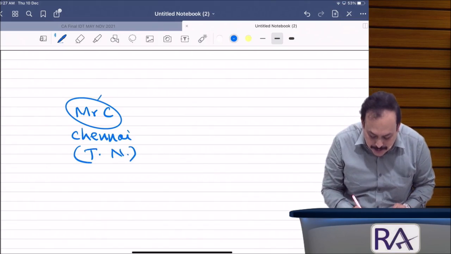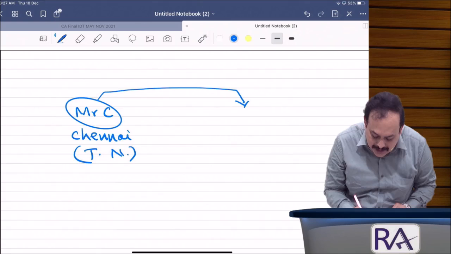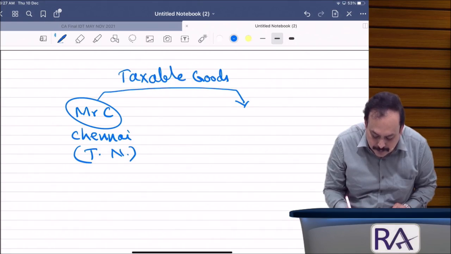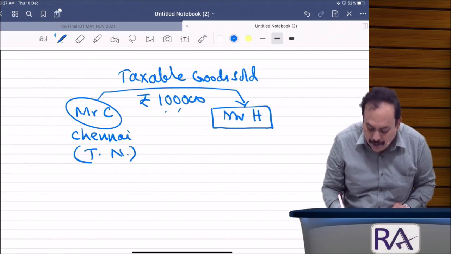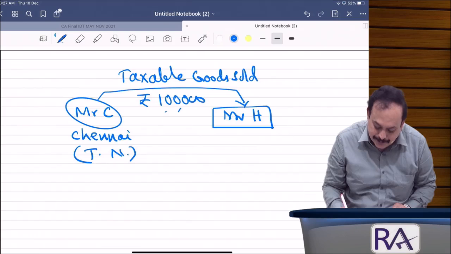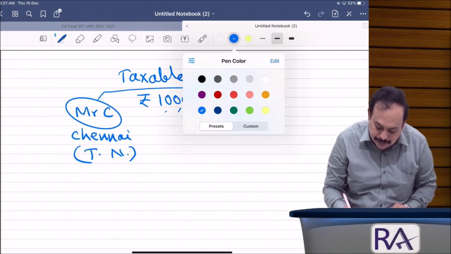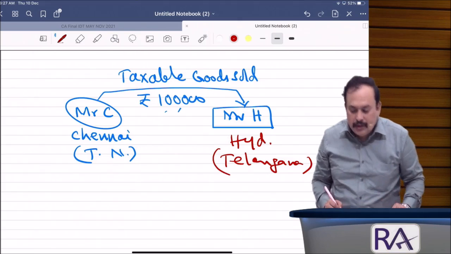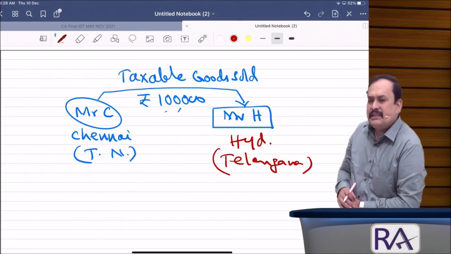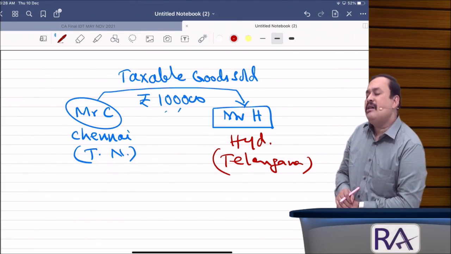He supplies taxable goods of value, let us say, 1 lakh, to Mr. H of Hyderabad, who belongs to Hyderabad, Telangana. Now, is the supply intrastate or interstate?